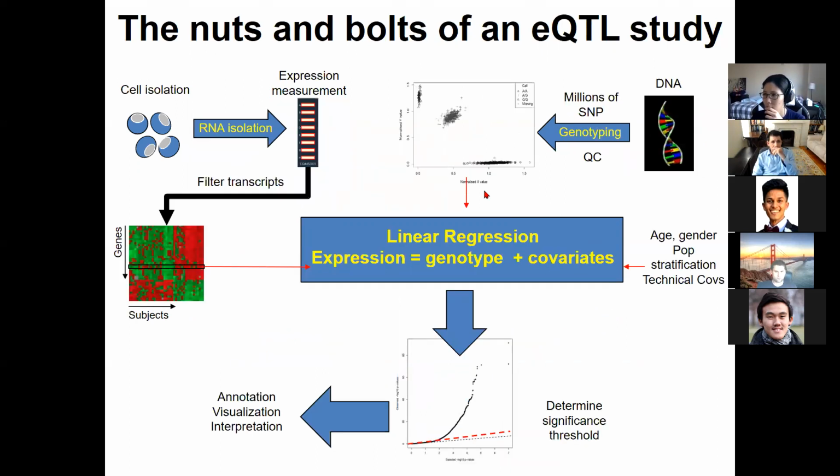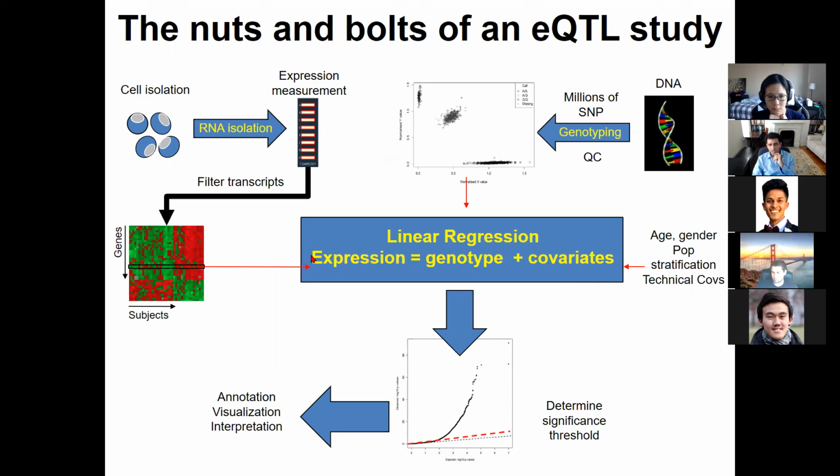Okay, so what we're going to be doing is basically looking for this linear regression where we can express expression level as a function of genotype and the covariates. And what are these covariates? These are the same things we talked about earlier: age and sex and population, ethnic background, plate, bisulfite levels, and other kinds of technical covariates.